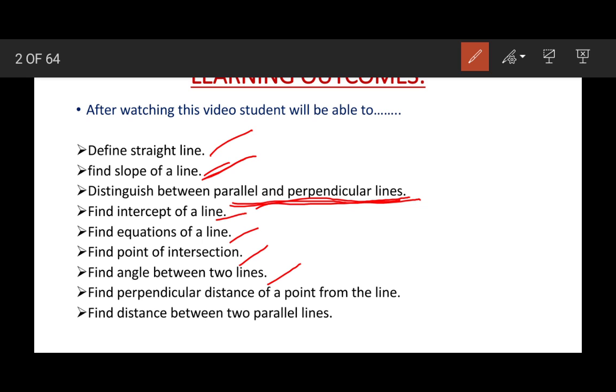Then you will be able to find the perpendicular distance of a point from the line. If there is any point outside the line, then you will be able to find the distance of the point from the line. And finally, you will also be able to find the distance between two parallel lines. If there are two parallel lines, then you will be able to define the distance between them.